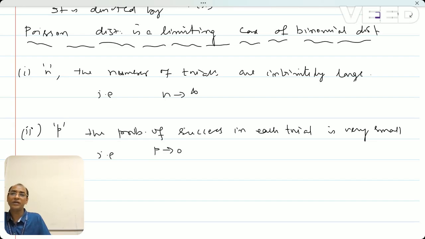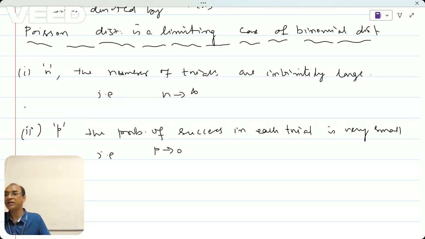Obviously, if the number of trials is large, then the probability of getting a successful event is very small. This is a consequence of the first condition.